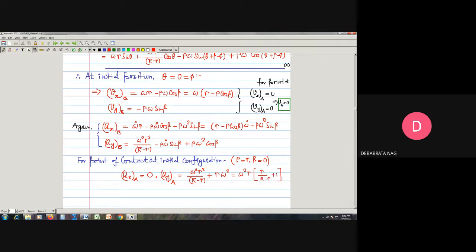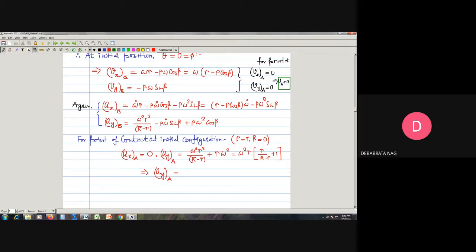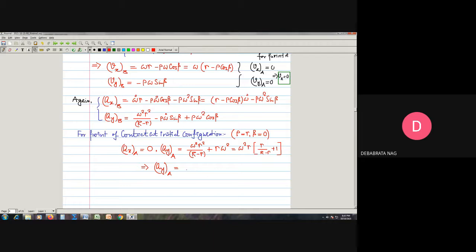So it gives us the fact that AYA, the acceleration along the y direction at the point of contact, is becoming equal to, the r and r will get cancelled, and it becomes equal to omega square r r by capital R minus small r.